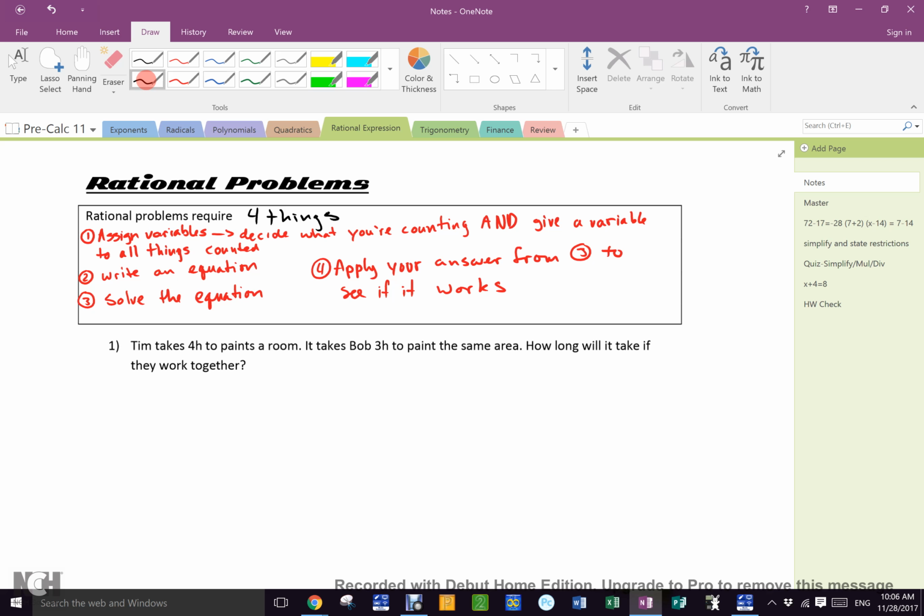Okay. So, step 1, assign our variables. We're only counting one thing here, aren't we? What is the one thing that we are counting? Time. Excellent. So I need a variable for time. I've decided on what I'm counting, and I need a variable for it. What are we counting time in? Hours.